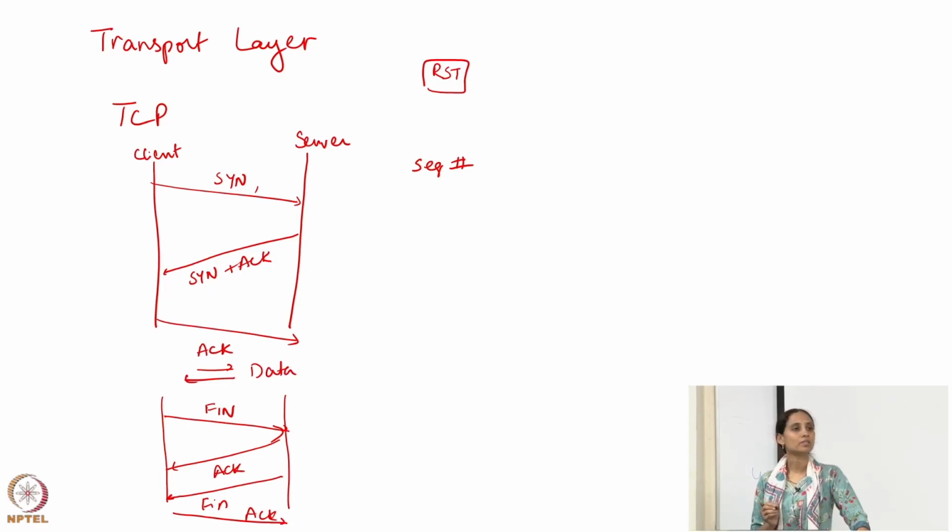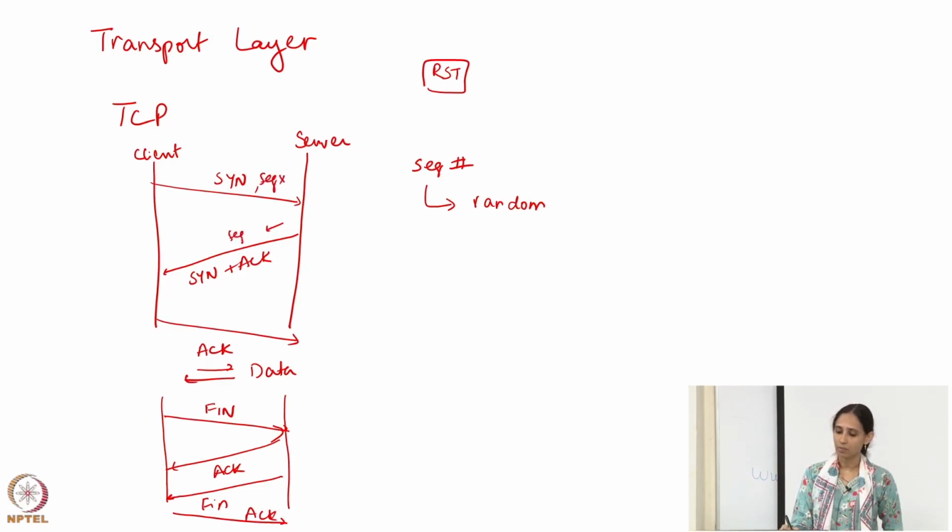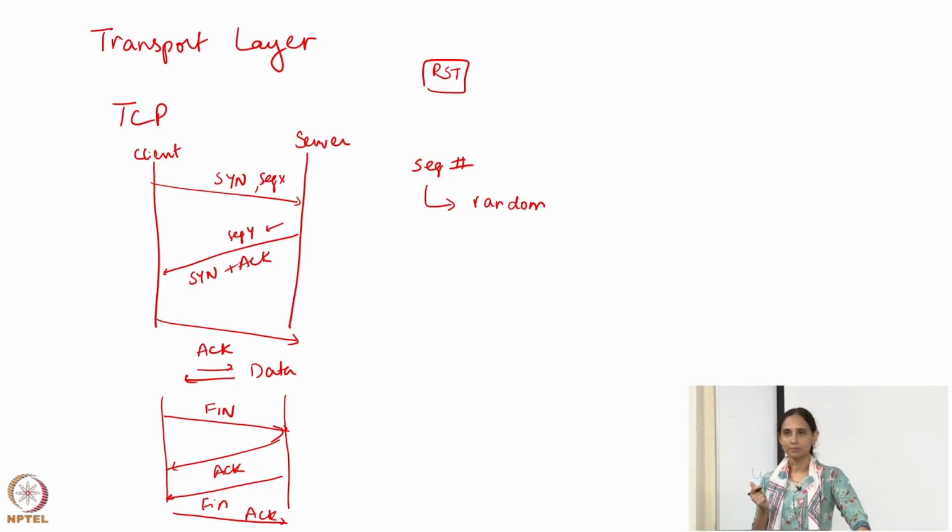One of the things you may have heard of is that this sequence number is randomly chosen whenever you start a connection. Both sides choose a different sequence number. So this will choose some sequence number X, this guy will choose some sequence number Y, and acknowledgements are acknowledging that particular sequence number. The question to you is, why is this sequence number random?